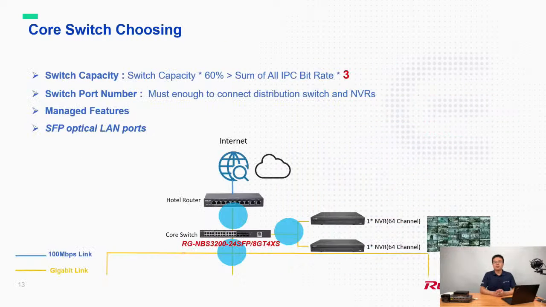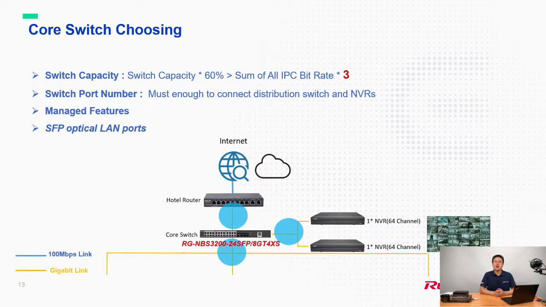Okay, for the next step, after distribution switch choosing, how do we choose the core switch? Choosing the core switch must consider more conditions. The first one is switch capacity.